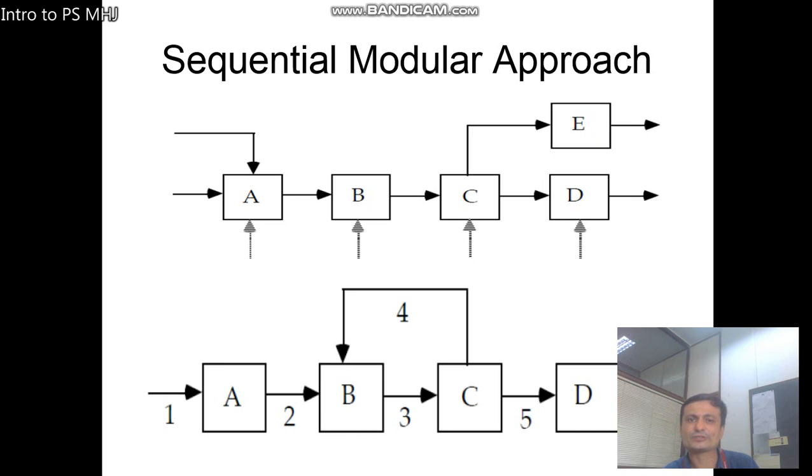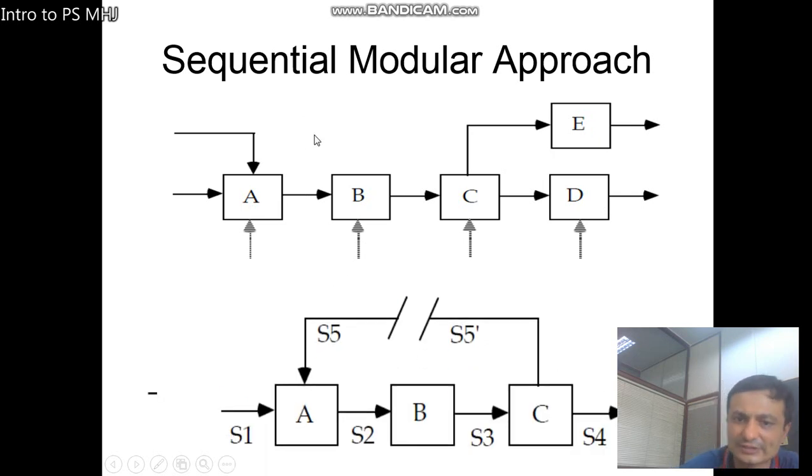We also discussed the sequential modular approach, wherein we get the solution in sequence, and whenever there is a recycle, we need to tear the stream. You have to initialize the stream, and as you remember, a stream means a number of variables: a process stream has temperature, pressure, composition and flow rate.